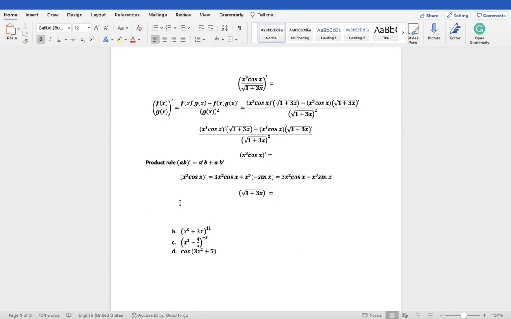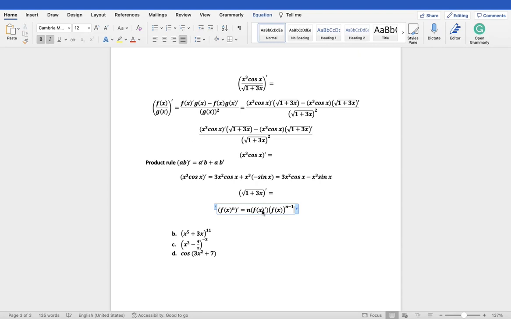That when you have a function f of x, let's say some function f of x to some exponent n, and you're trying to find its derivative, what you do is you take down the n, whatever that value is, multiplied by the derivative of the function f of x, multiplied by the same function f of x, but now to the exponent of n minus 1, right?